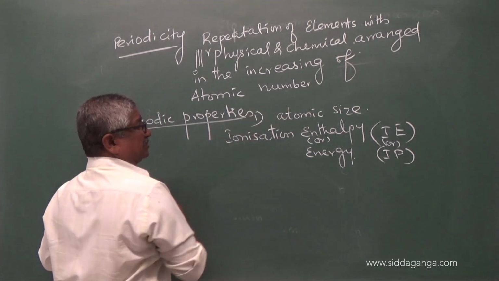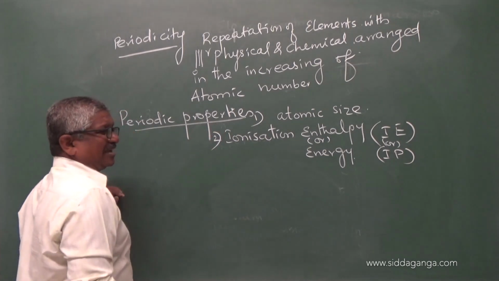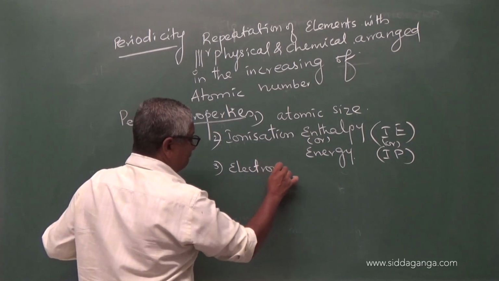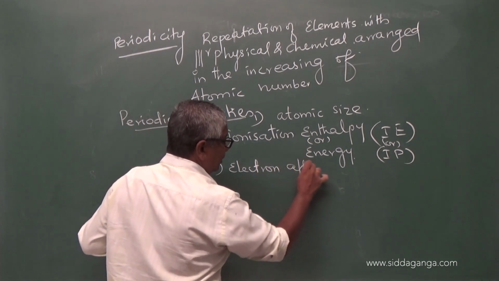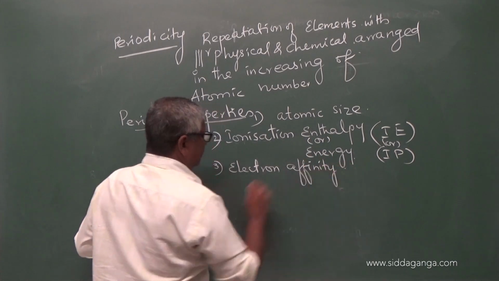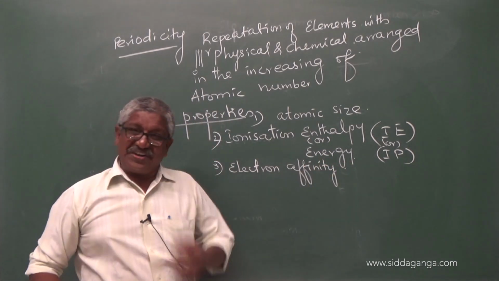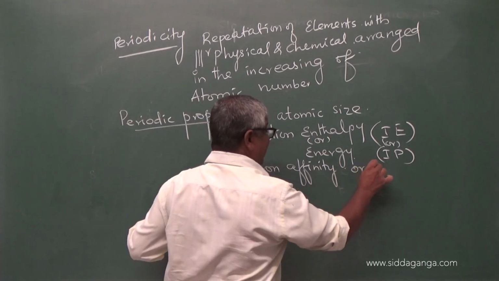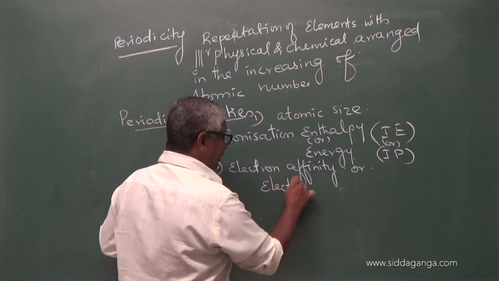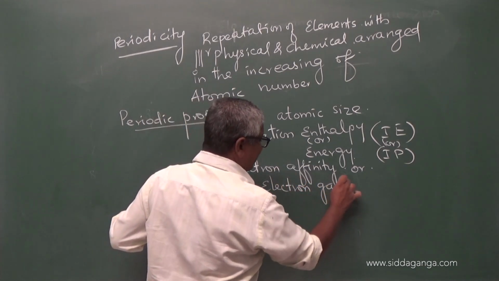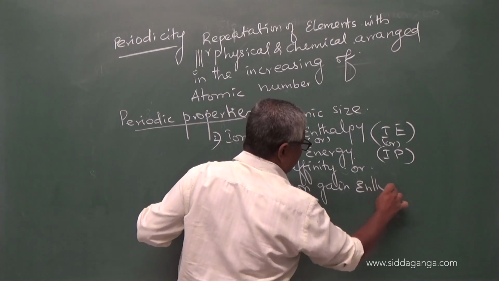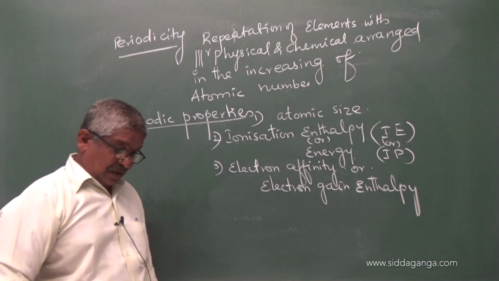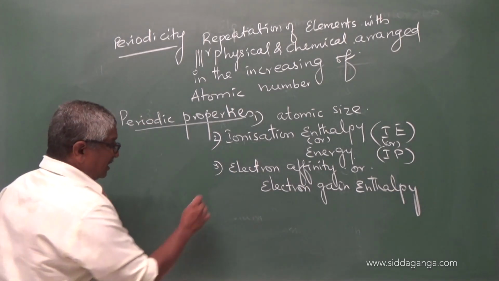Next, first one atomic size. Second is ionization enthalpy. Third is electron affinity, also called electron gain enthalpy. Next, electronegativity.